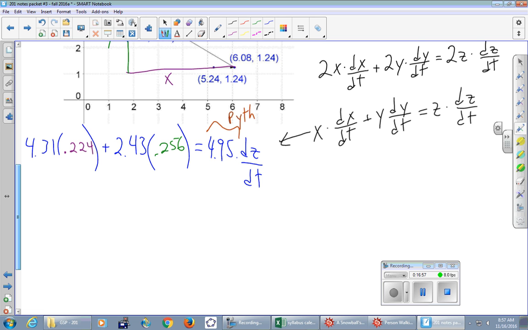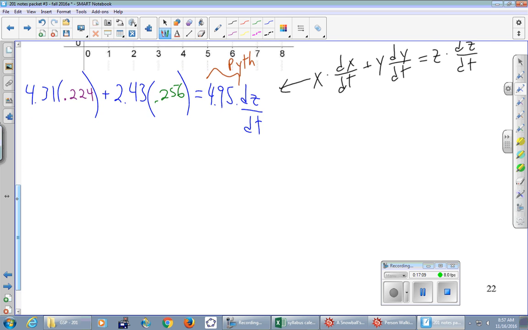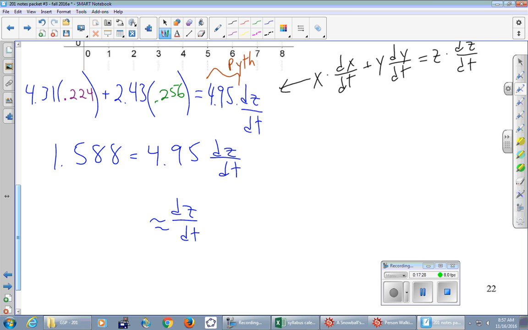I just have to get a single number on the left-hand side and then divide it by 4.95. So again, somebody with a calculator, what is the left-hand side equal to? Okay, 1.588 equals 4.95 dz/dt. Then divide both sides by 4.95.